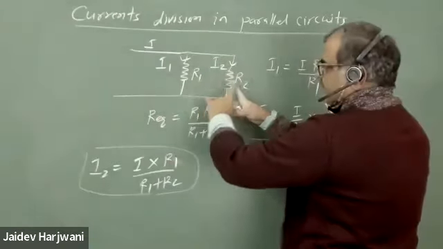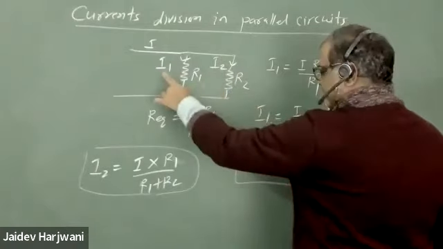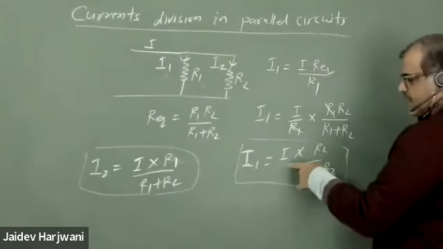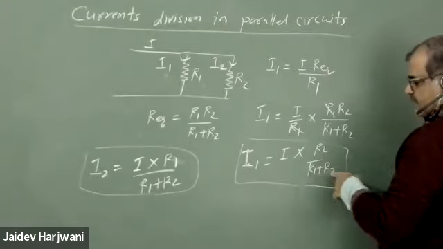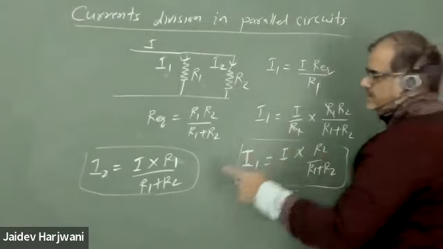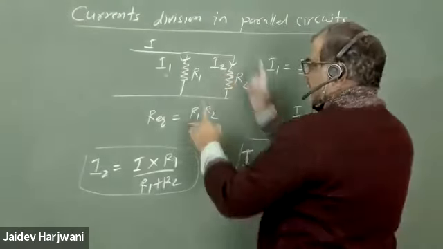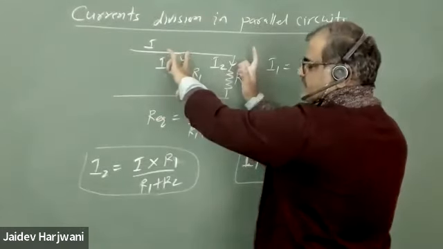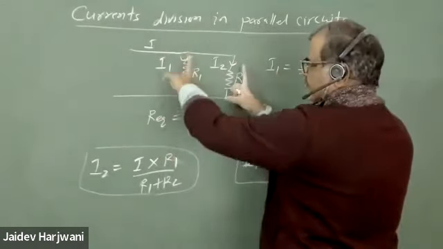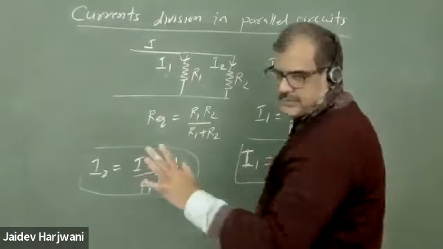So I1 is total current into R2 upon R1 plus R2. Similarly, for I2, I take the opposite branch resistance R1 and the sum R1 plus R2. You have to always apply this.